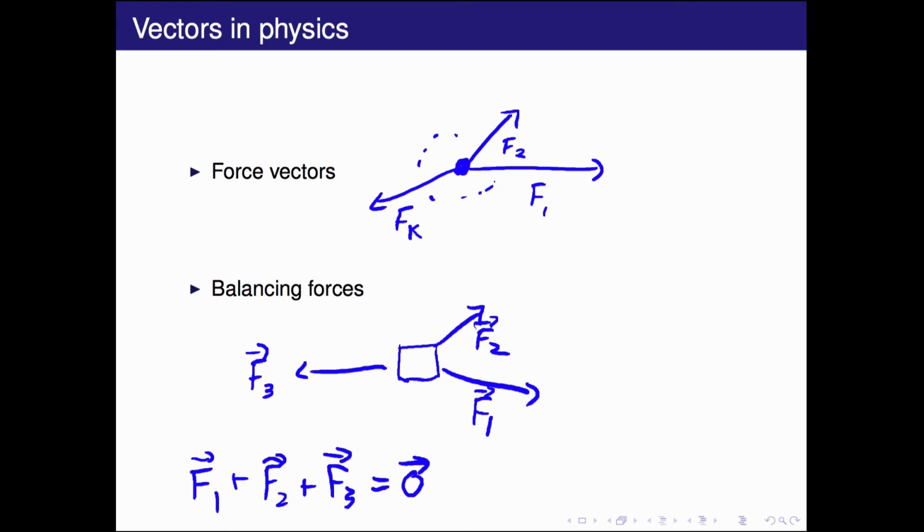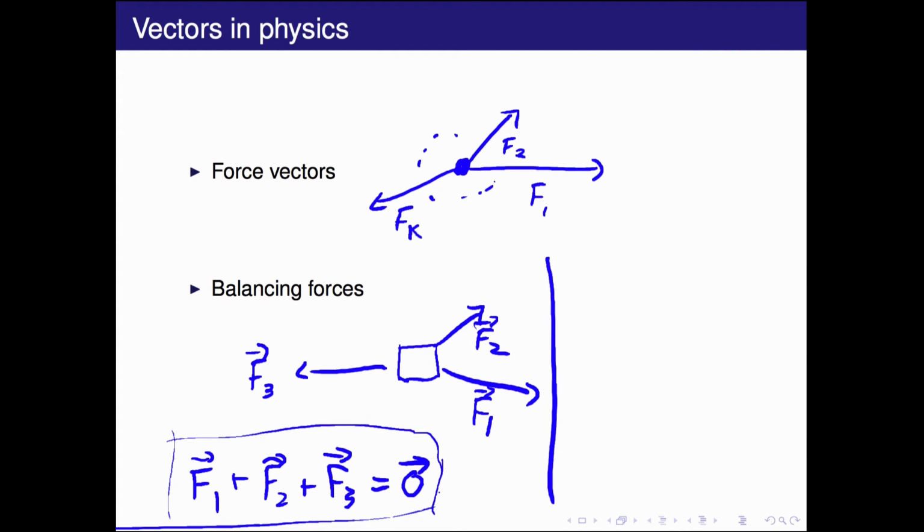That's the vector where you have all zeros. We've seen examples in the homeworks about balancing forces, but primarily what you need to be able to do is take a collection of forces, and if you want to balance them, you set the sum of the forces equal to 0.